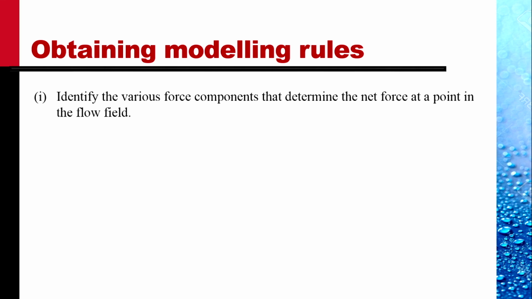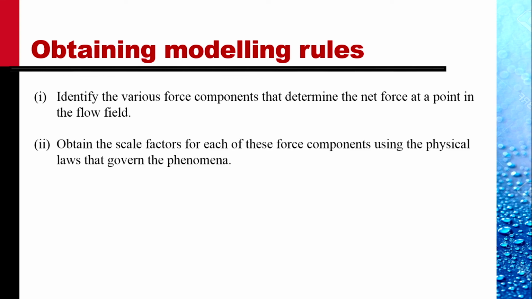So the process of obtaining modeling rules consists of identifying the various force components that determine the net force at a point in the flow field, obtaining the scale factor of each of these force components using the physical laws that govern the phenomena.